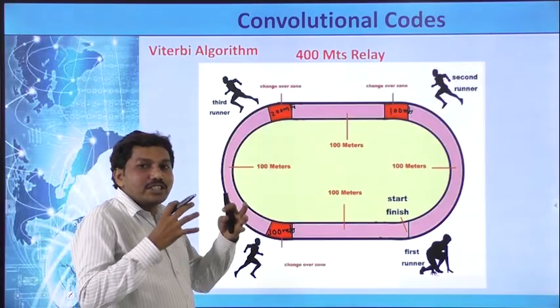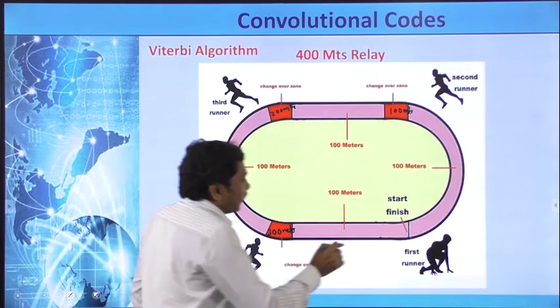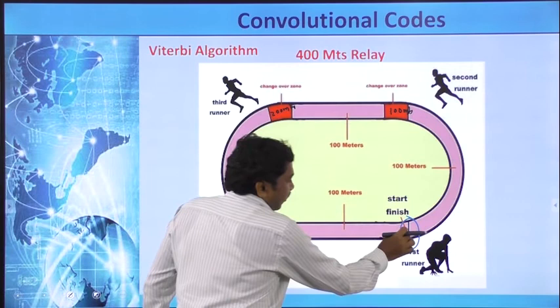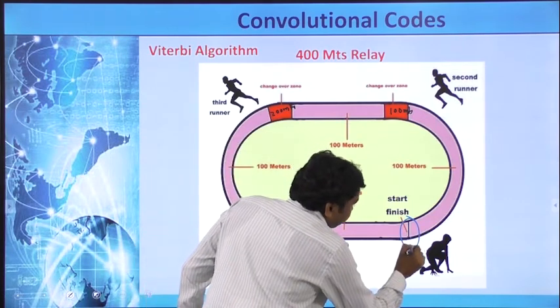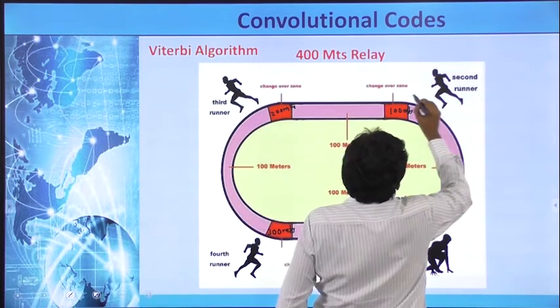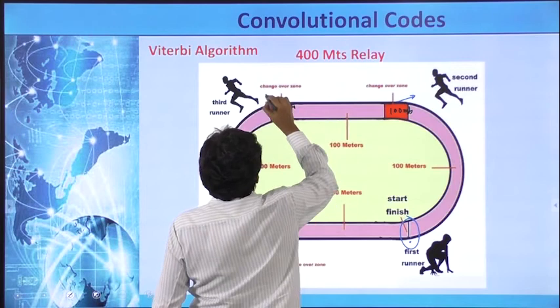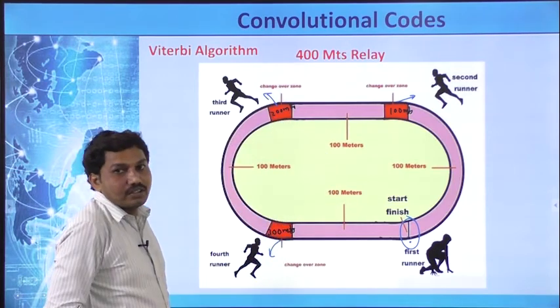A 400 meters relay, each team has 4 members. They will start the race from this point and finish at this point only. So the first person in the team is here, second person in the same team at 100 meter place, third person in the team is at 200 meters, fourth person in the team is at 300 meters.